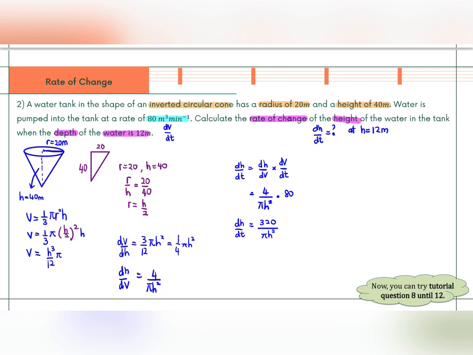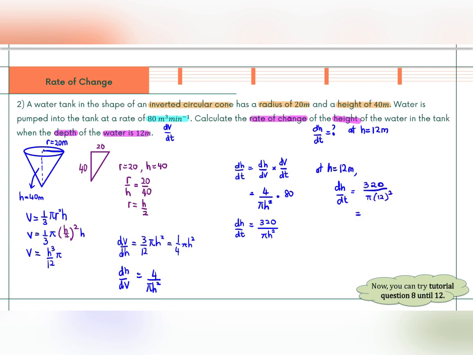Okay, so what will be the value at H equals to 12? So, at H equals to 12 meter, our dH over dt will be equals to 320 divided by pi of 12 squared.